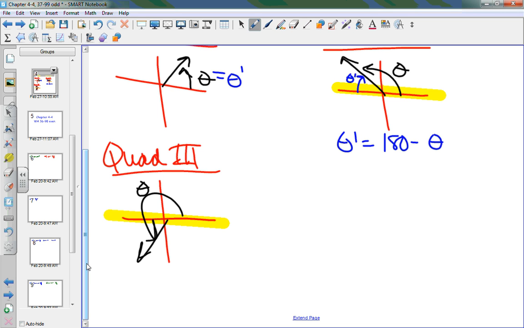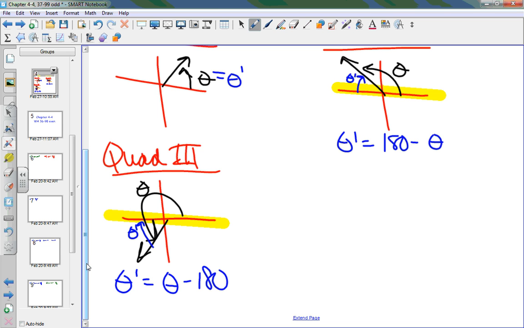I need my horizontal axis. What's my horizontal axis? Where's theta prime? It has to be an angle less than 90 degrees. So that's going to be right here. How do I get that? How about theta minus 180? It's a very easy concept, guys. You guys are way overthinking this concept. You're going to take your angle and subtract 180 from it. That's going to give you your theta prime.